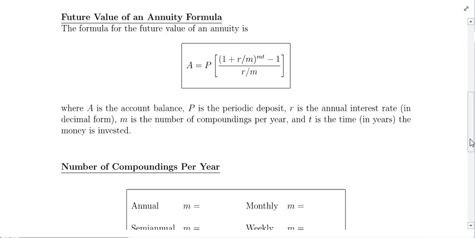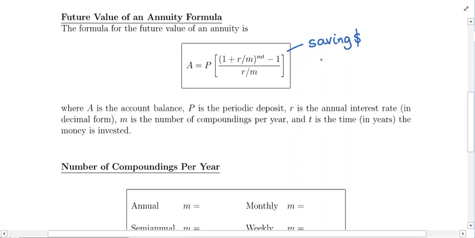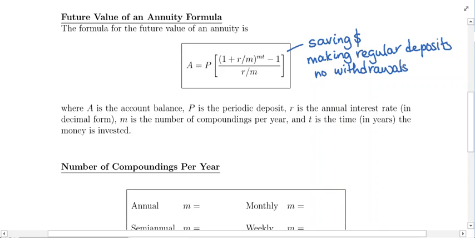So again, when you want to use this formula, it's a very specific situation. Here, you're saving money, and you're making regular deposits into the savings account, and there are no withdrawals. Really, that's the only situation that you would use this formula for.